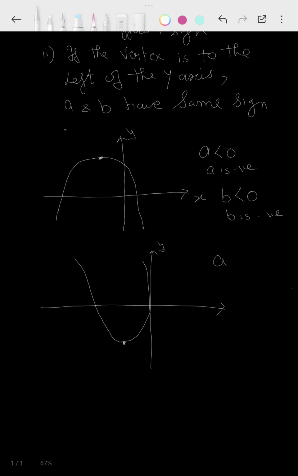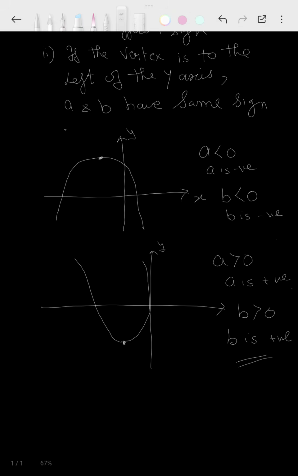In this case, A is greater than 0 since the graph is opening upward, or A is positive. So B will also be greater than 0 or B is positive. So this is the simple way you can find out the sign for A, B and C.